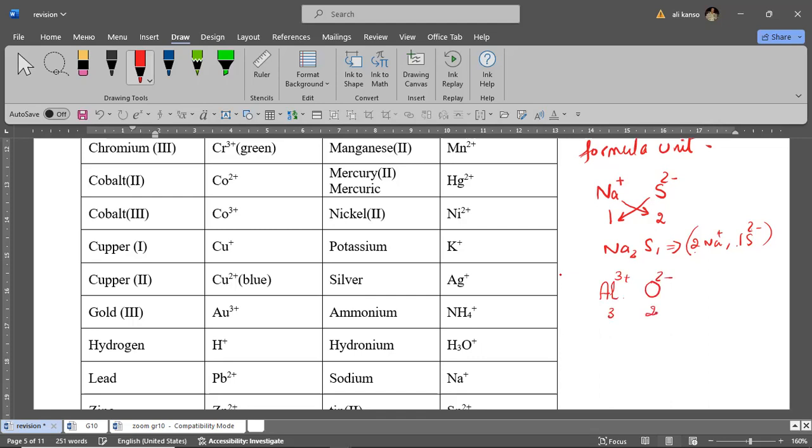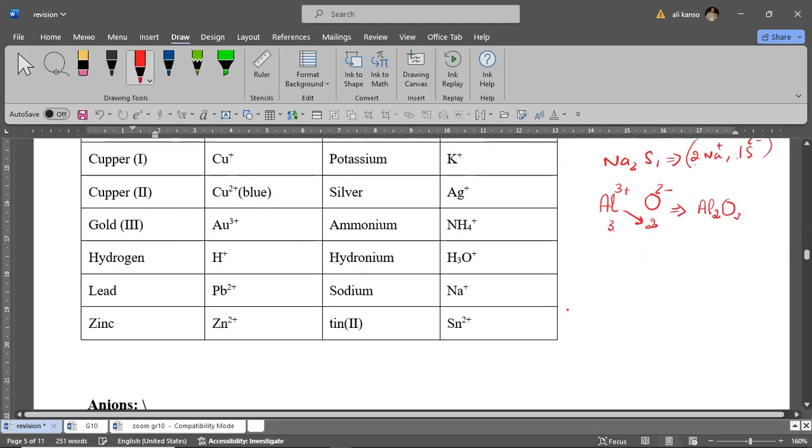We crisscross to write, then we should know that 2 times 3 plus is 6 plus, and 3 times 2 minus is 6 minus. To get a formula unit, you have to balance the charges of each ion. So we get the formula unit Al2O3.